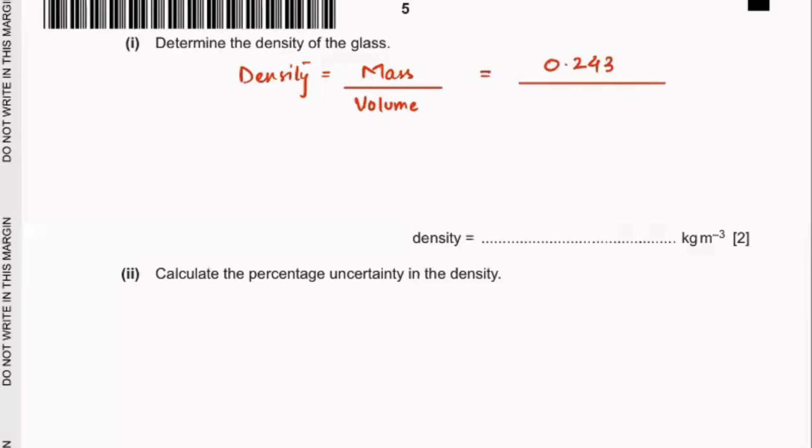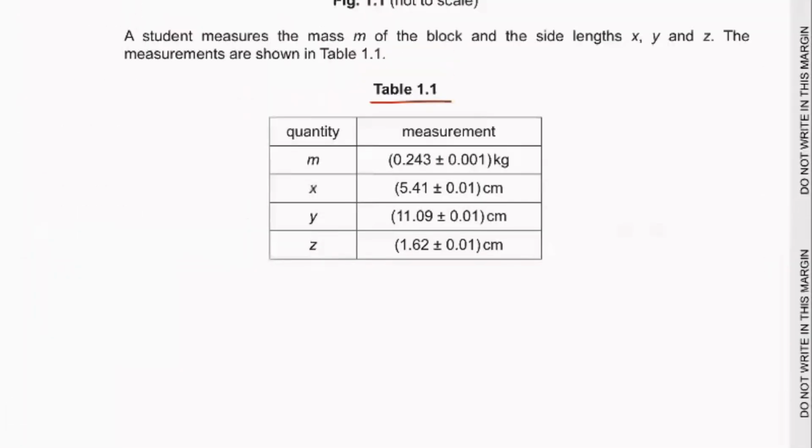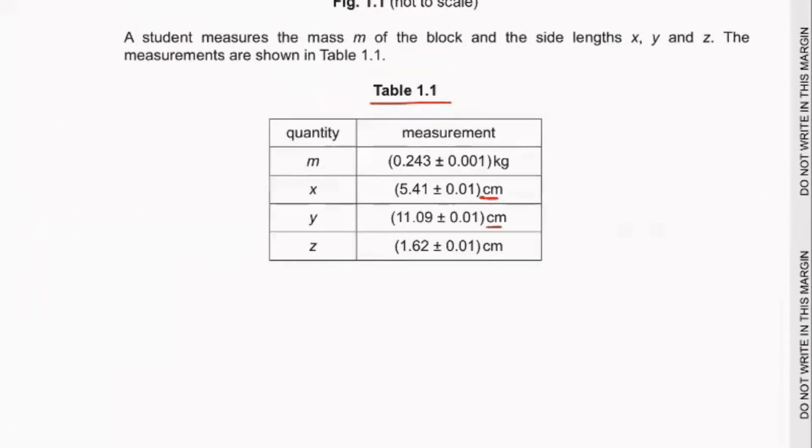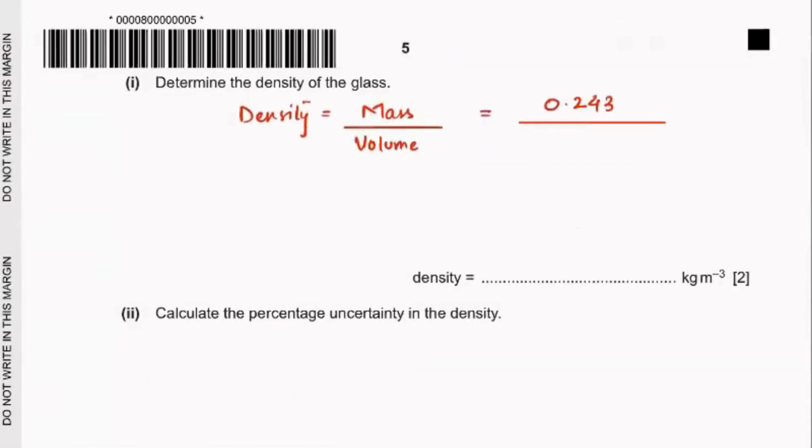As you can see in the table, the sides are given in centimeters. So first we have to convert these values into meters. As you know, 1 meter is equal to 100 centimeters. We know that when we convert from a smaller unit to a bigger unit, we have to divide the value by the conversion value. So we will have to divide each value by 100.